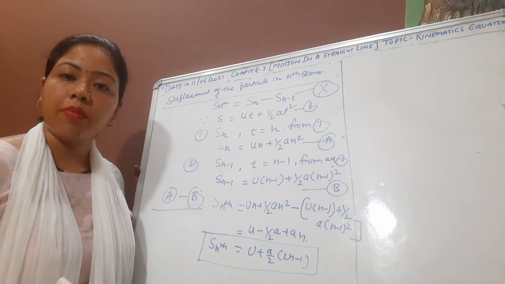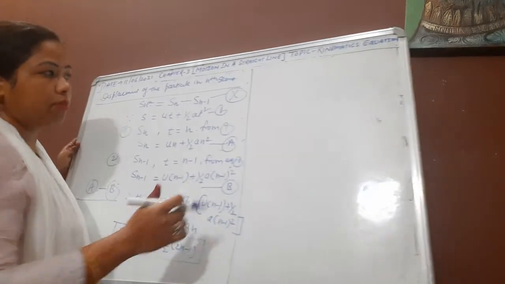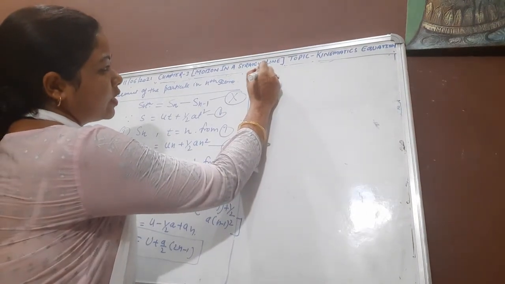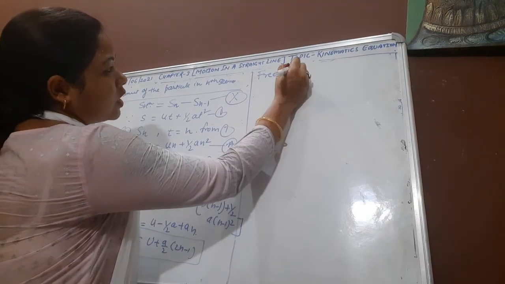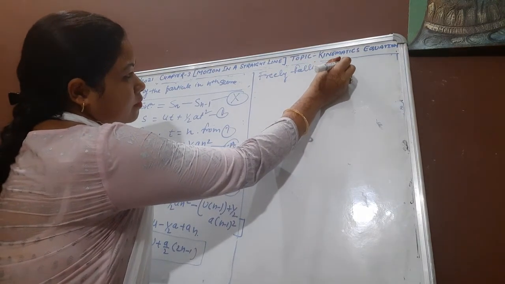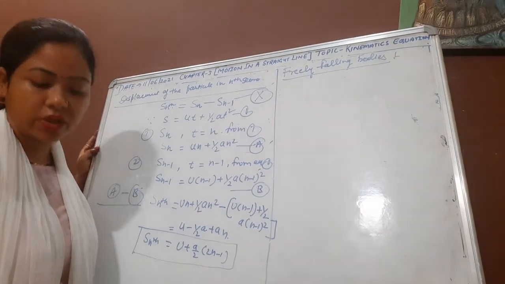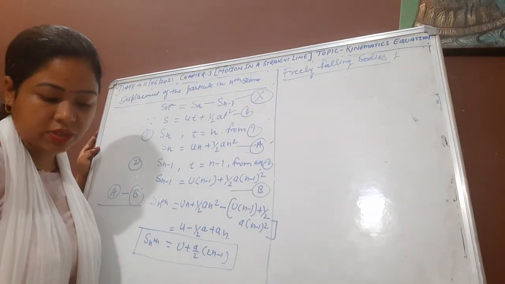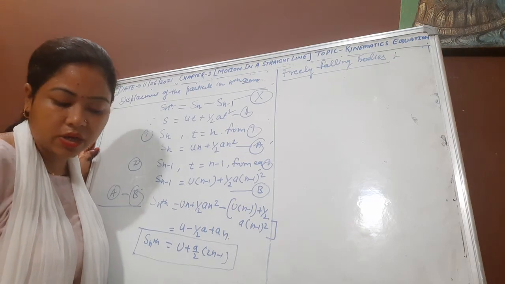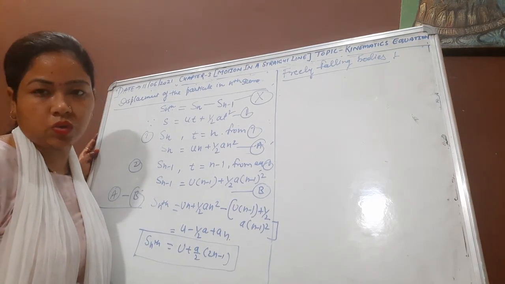Now we'll talk about freely falling bodies. So children, when we talk about freely falling bodies, that means the motion of a body falling under the effect of gravity alone with a constant acceleration is known as free fall.